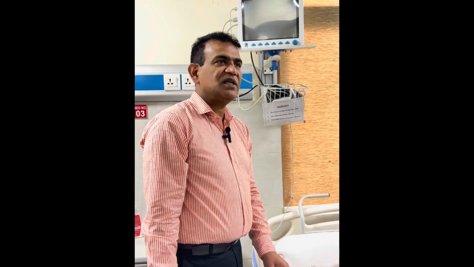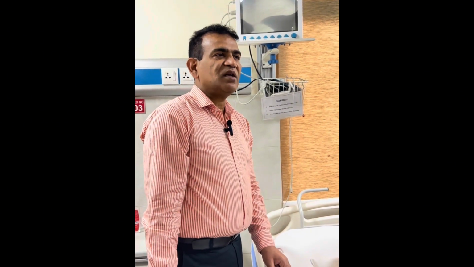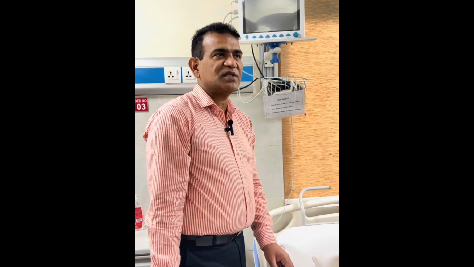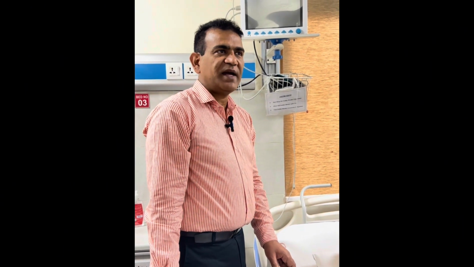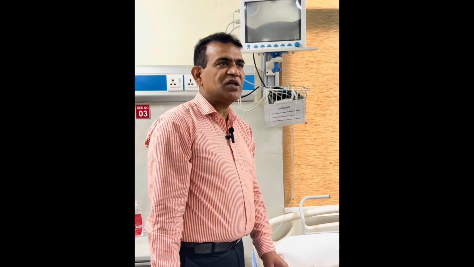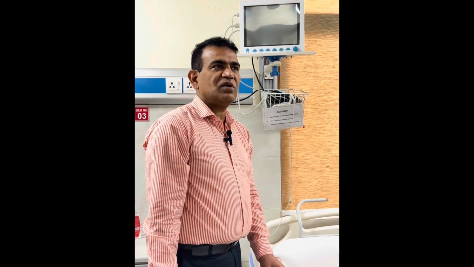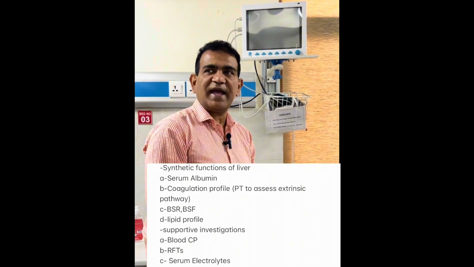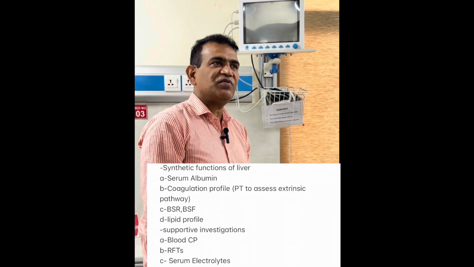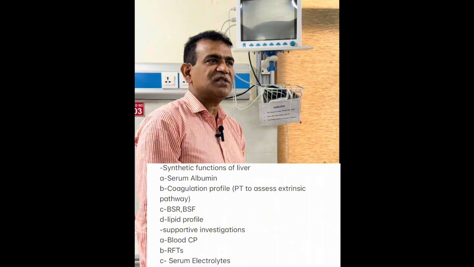So this is the investigation protocol to assess or to proceed for patients with raised alkaline phosphatase as well as raised GGT. Other supportive investigations are blood CP to assess any inflammation. Then next are electrolytes, PT, APTT, INR, and the more important is the PT, which is associated with liver disease, and that indicates whether this is the extrinsic or the intrinsic pathway.